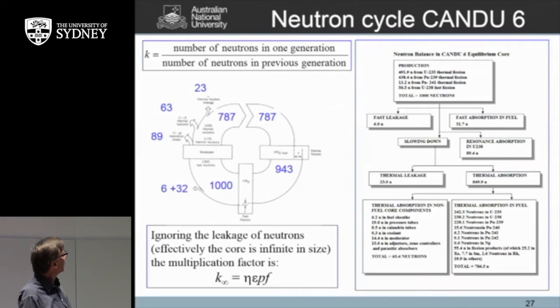Here's our diagram that I started with 1,000 there. This has the 1,000 at a different point. It has it for the fast neutrons here. But you can see the numbers around the curve, and they're somewhat similar to what I showed you earlier on.